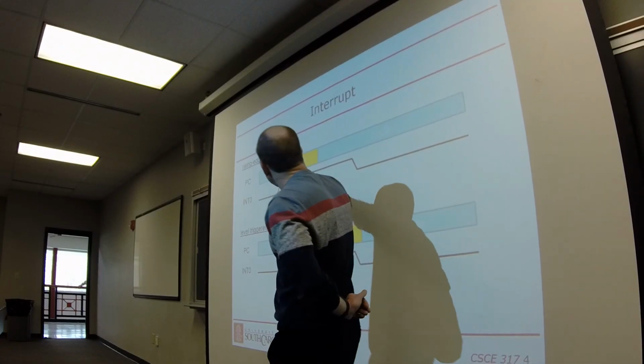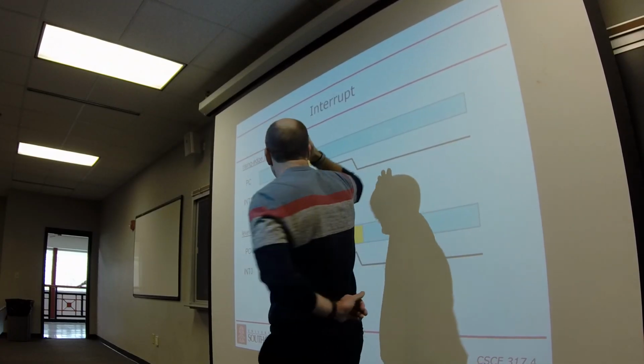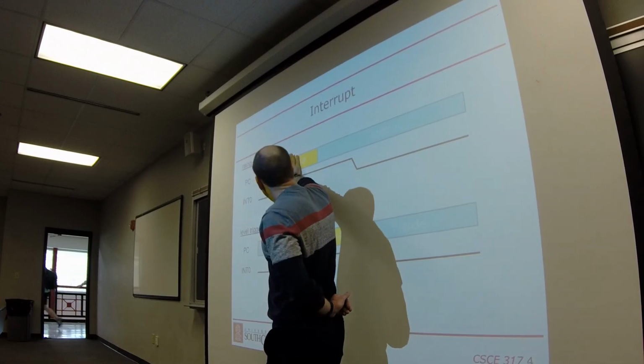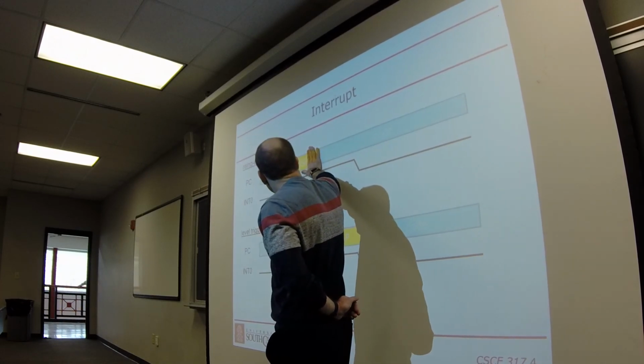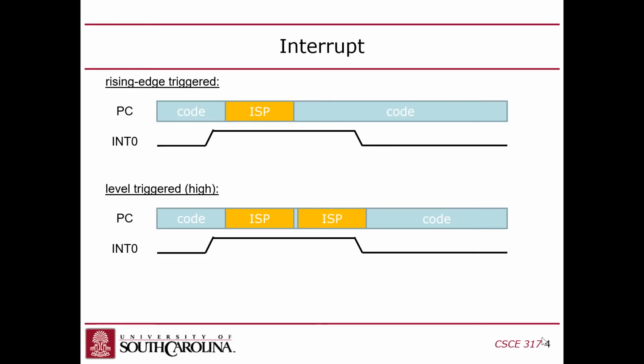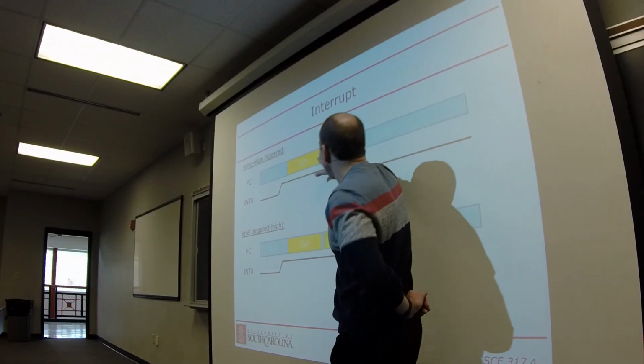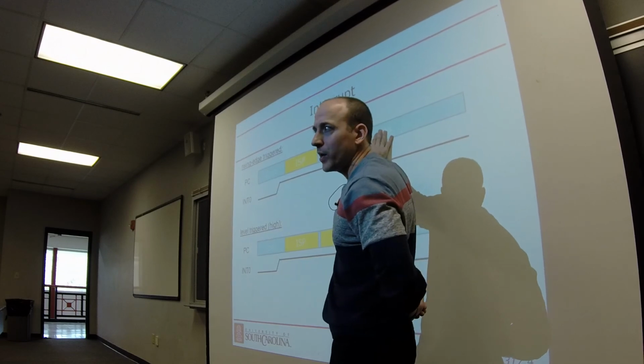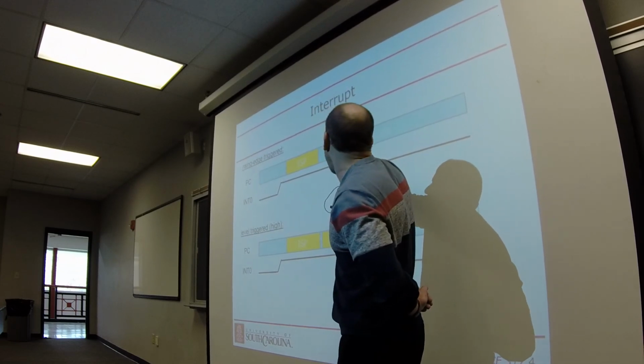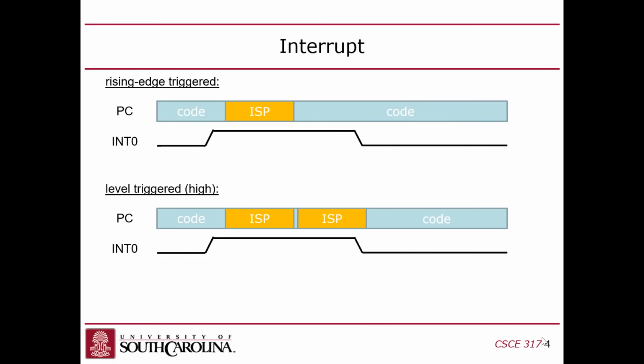Now, the nice thing about the edge sensitive is that if the ISR finishes before the external device lowers the interrupt line, in other words, I get done and I resume executing my code, going back to what I was doing, that's okay, because eventually the interrupt line will have to drop, and the processor will ignore the falling edge.